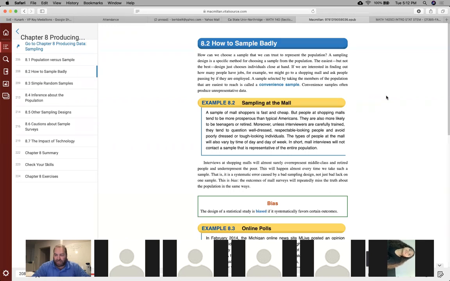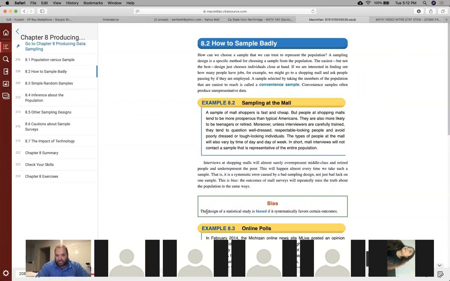You're just asking whatever's most convenient. Say I'm going to ask everyone in my school. Well, your school has lots of 20-year-olds, and 20-year-olds are in many ways very similar and do not necessarily represent everybody. As such, it's not representative of the population. It can have some bias to it.